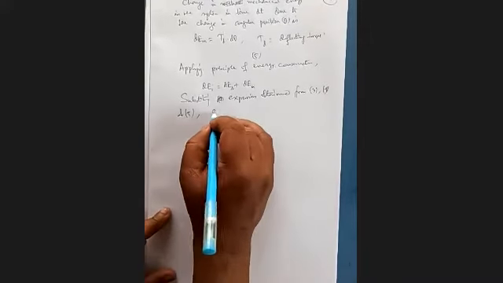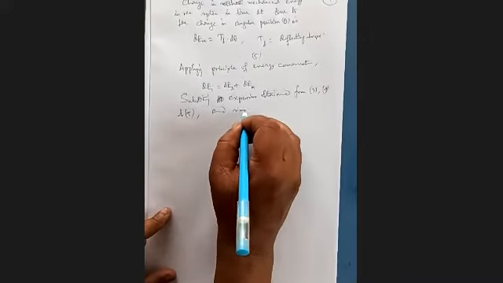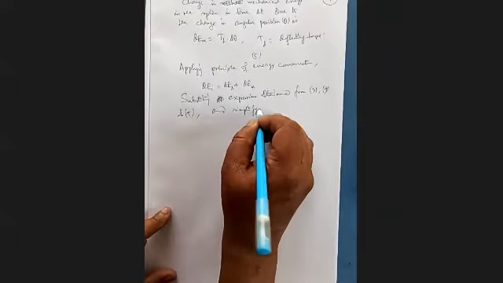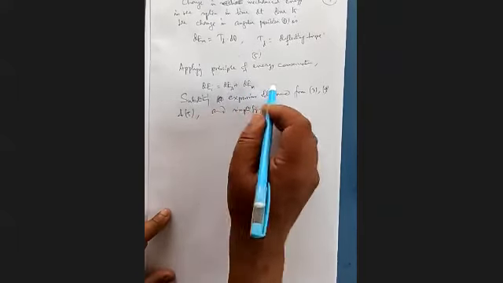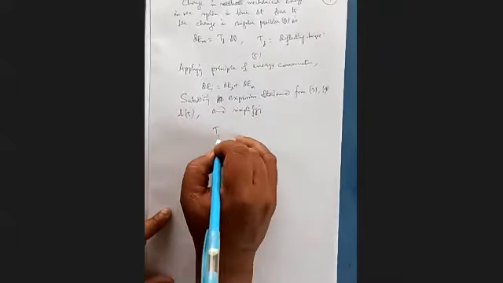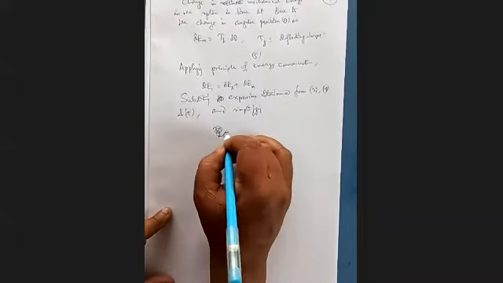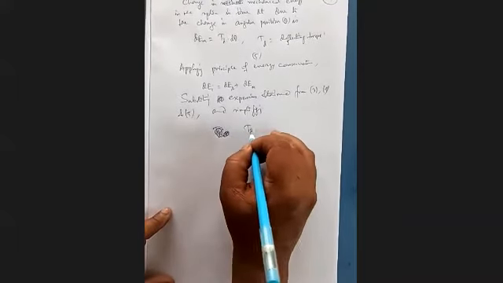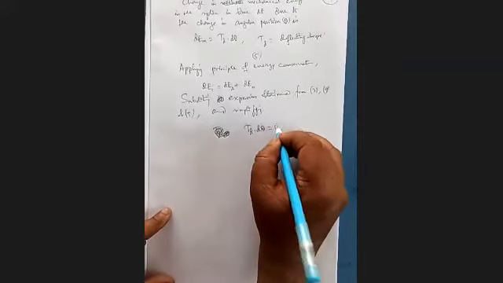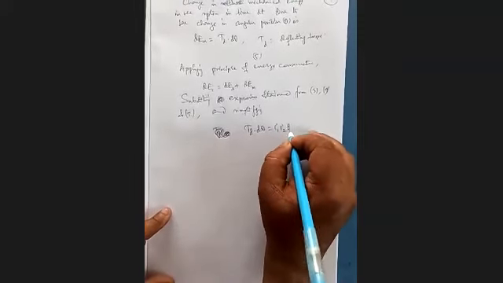I am not simplifying; you just put all these things in. Finally, we get TD into d theta equals I1 I2 dM.